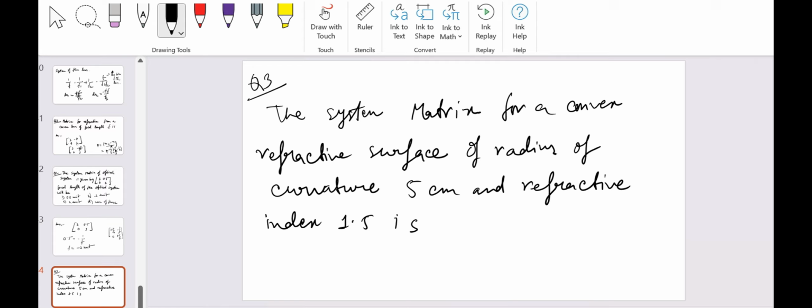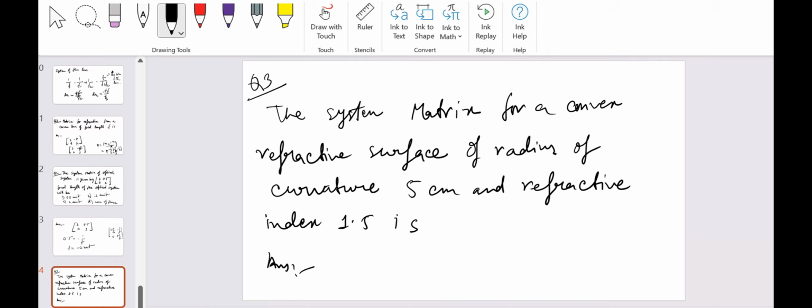So instead of giving a different kind of answer, let me give you the direct answer. The system matrix for a convex refractive surface, the radius of curvature is 5, and the refractive index is 1.5. So basically what will be the answer?